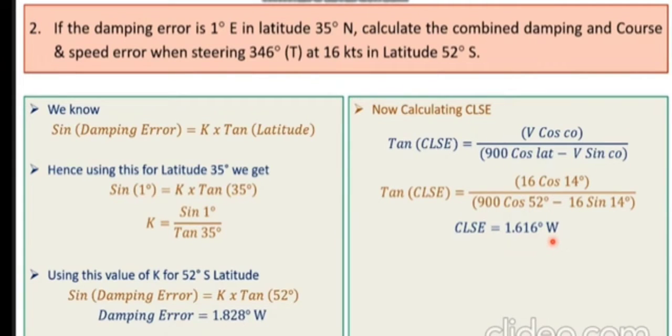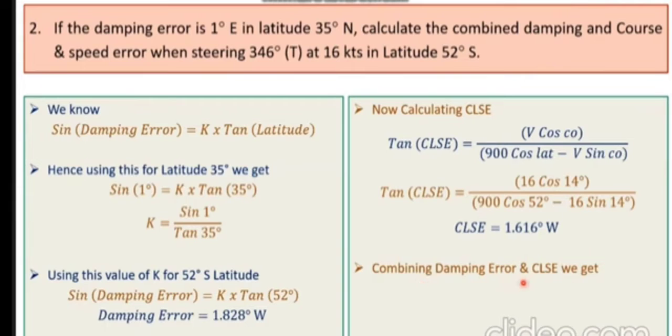If the course has a southerly component, that means the vessel is moving on a southeasterly or southwesterly quadrant. In that case, the error would be east. So in this case, a northerly component of the course tells us the error to be west or high. CLSE is 1.616 degrees west.